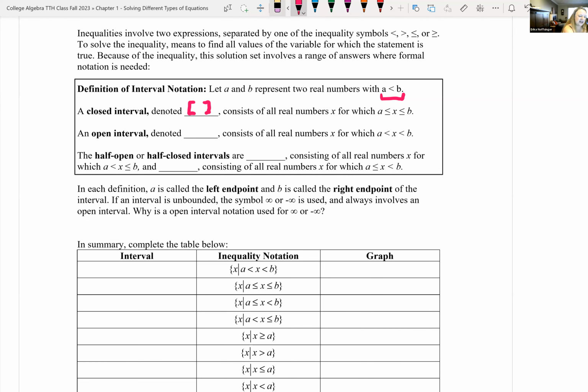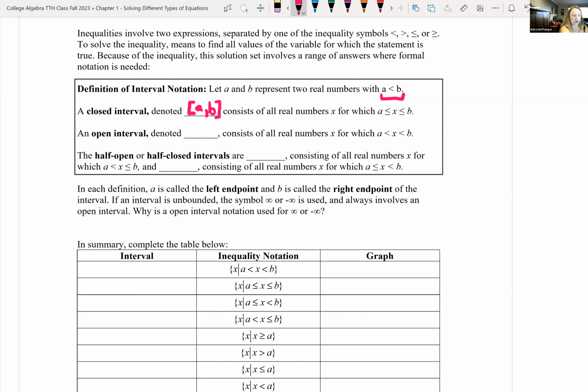If we had a closed bracket, then A, comma, B, and then a closed bracket, this consists of all real numbers X such that A is less than or equal to X is less than or equal to B.